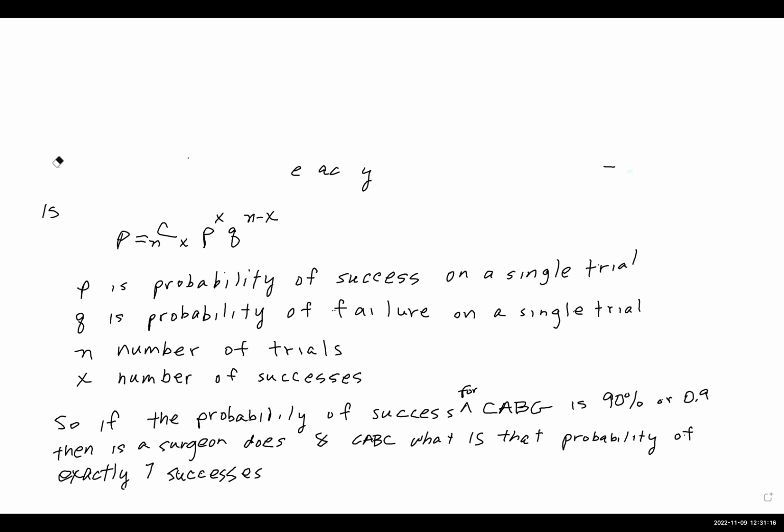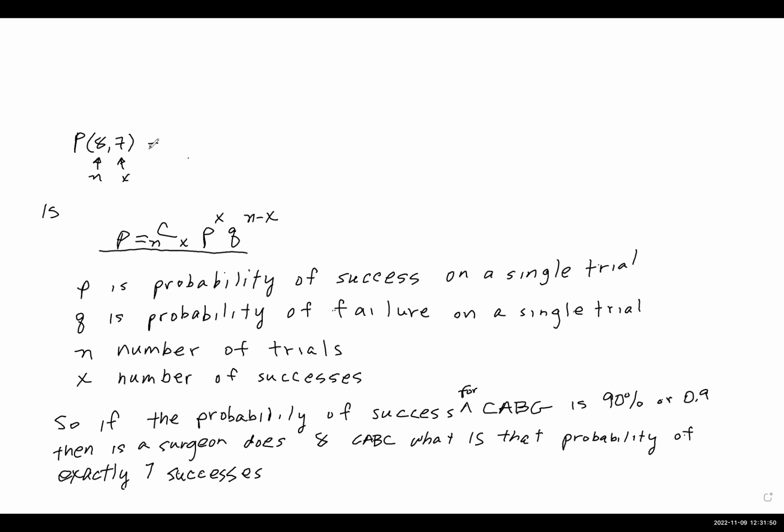A lot of times what we write, just so we remember the numbers, is 8 trials, 7 successes. So my N is 8. That's the number of trials. And I'm looking for, what are the probabilities for my day? What's the chances of me getting exactly 7 successes? That's my X. So I plug it in this formula right here.